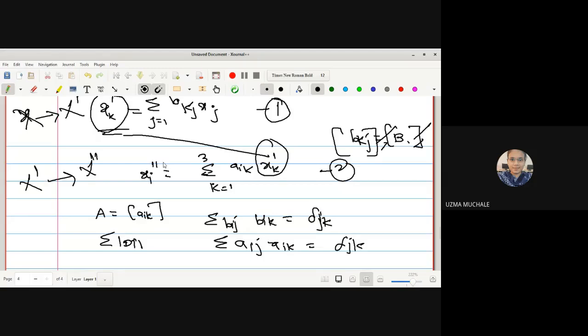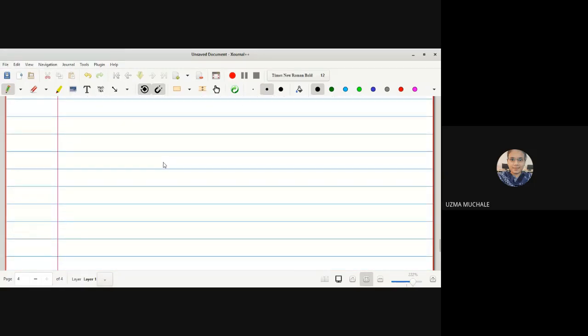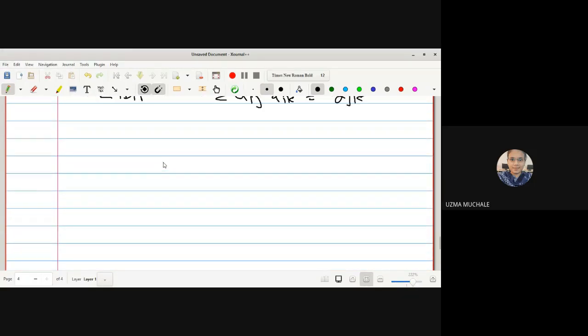So substituting equation 1 in 2, we get xi double dash equal to summation over k from 1 to 3 of aik, and now I simply substitute the value here: summation over j of bkj xj.